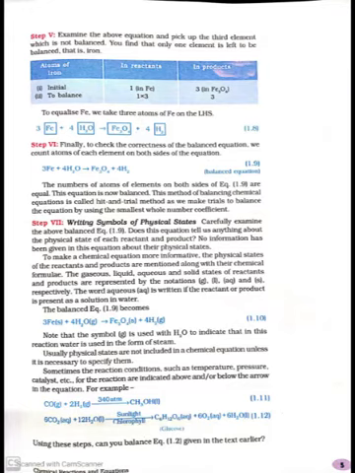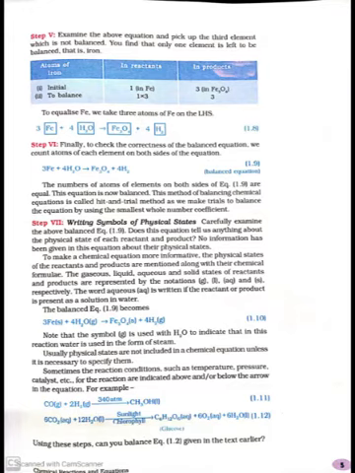To make a chemical equation more informative, the physical states of the reactants and products are mentioned along with their chemical formulae. The gaseous, liquid, aqueous, and solid states of reactants and products are represented by the notations g, l, aq, and s, respectively.